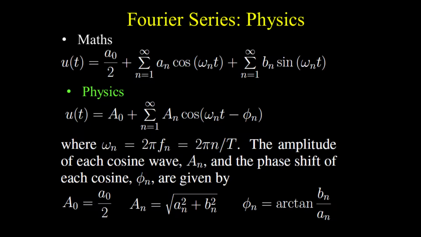Thus, a periodic function of time can be represented by either of two series, the mathematics or physics series. Each series requires that two sets of coefficients be specified for each frequency, either an and bn, or An and phi n. The plot of An versus the frequency constitutes the amplitude spectrum, and the plot of phi n versus the frequency constitutes the phase spectrum.